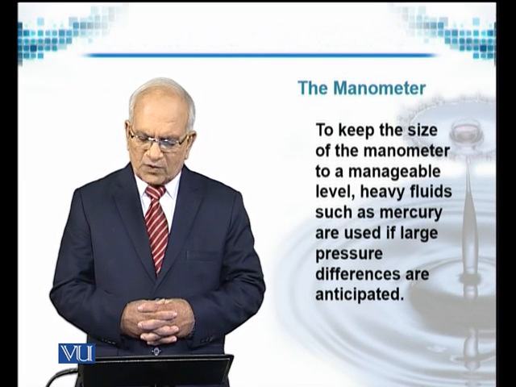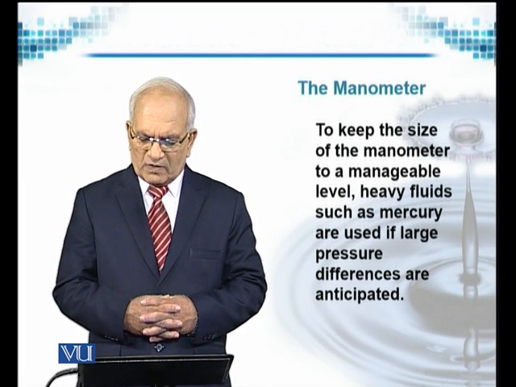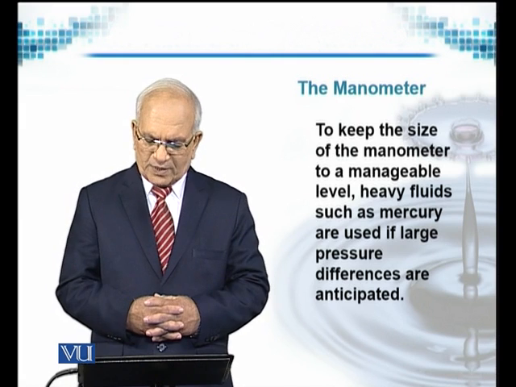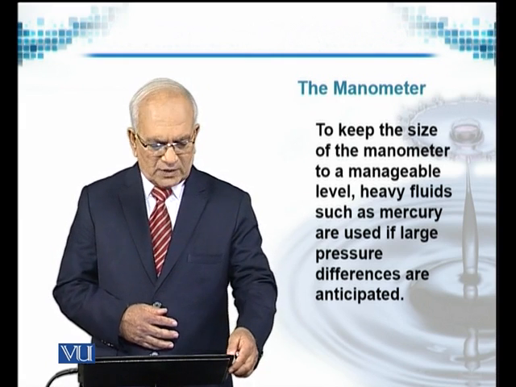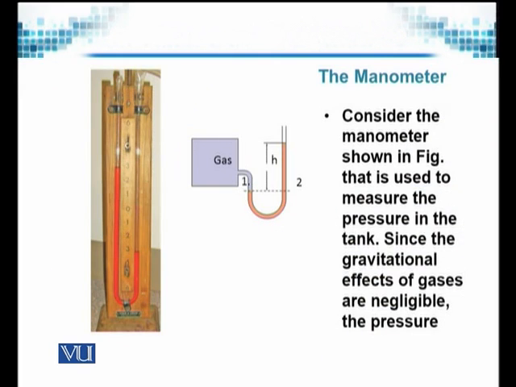To keep the size of the manometer to a manageable level, heavy fluids such as mercury are used if large pressure differences are anticipated. We consider the manometer shown in the figure that is used to measure the pressure in a tank, for example.